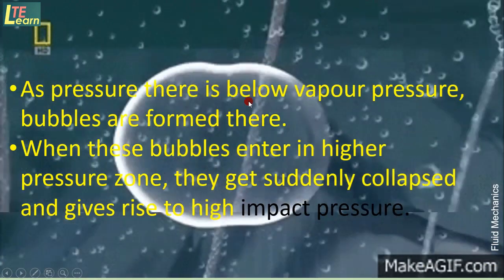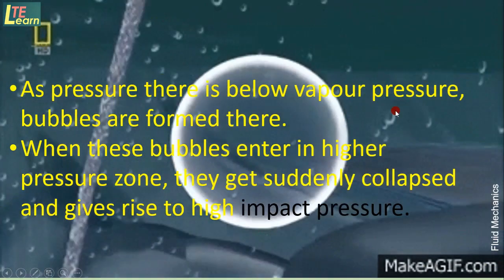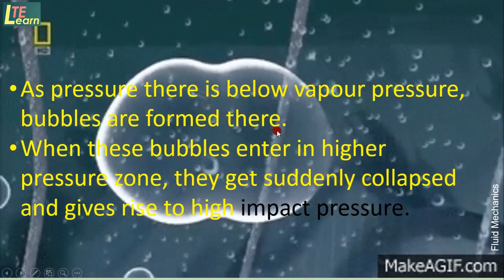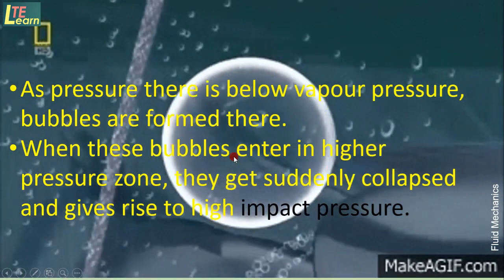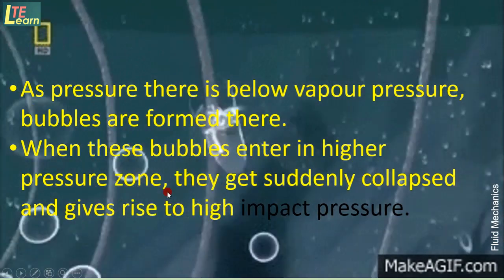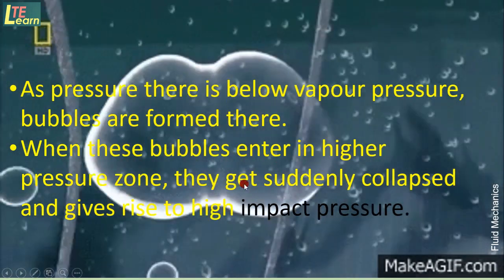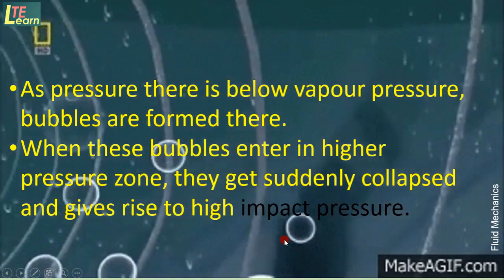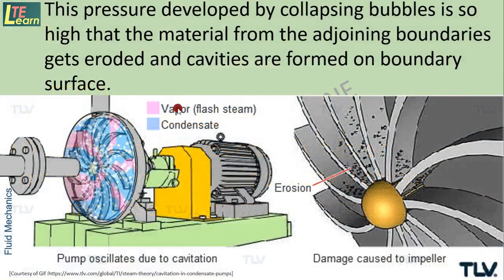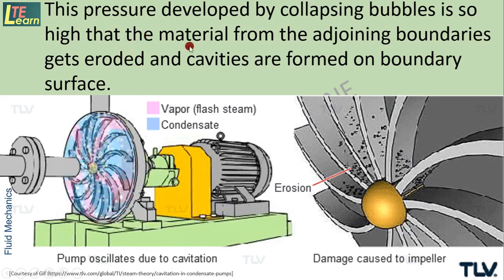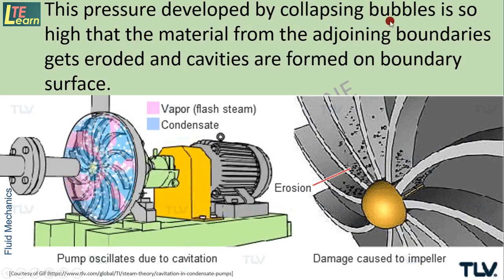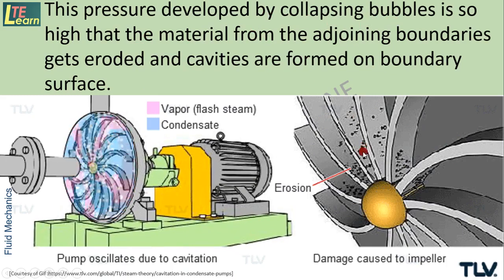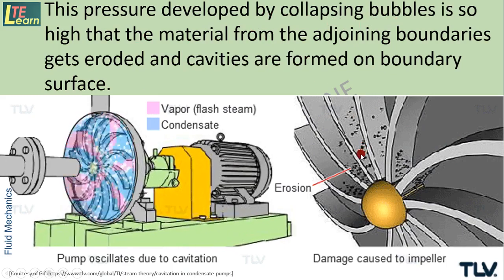As pressure there is below vapor pressure, vapor bubbles are formed there. When these vapor bubbles enter a high pressure zone, they suddenly collapse and give rise to high impact pressure there. This pressure developed by collapsing bubbles is so high that the material from the adjoining boundaries gets eroded.